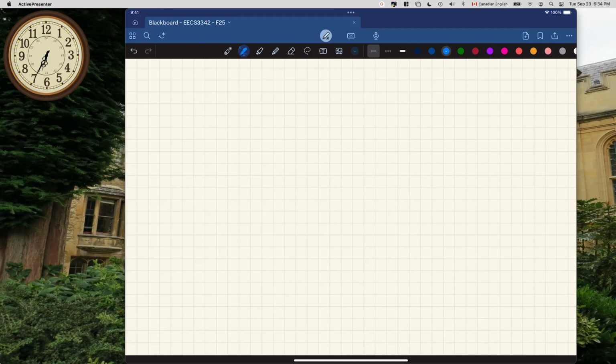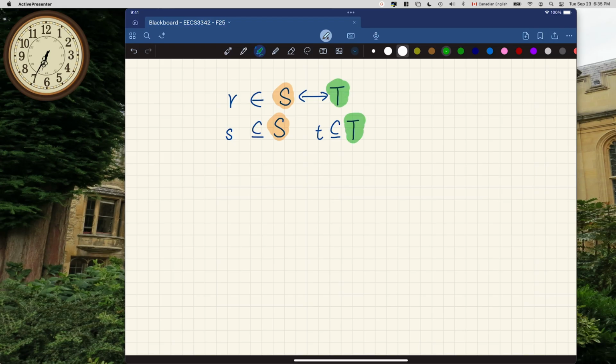Let's say we got some relation R, a member of the relations between S and T. And then we got little s, lower s, which is a subset of the first set, S. And also little t is a subset of the second set. So just don't get confused. You can think about we got S here, S here, T here, and also T here. All right? That's our assumption.